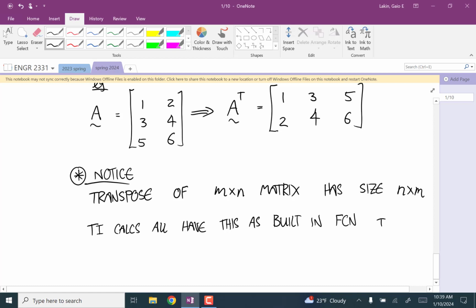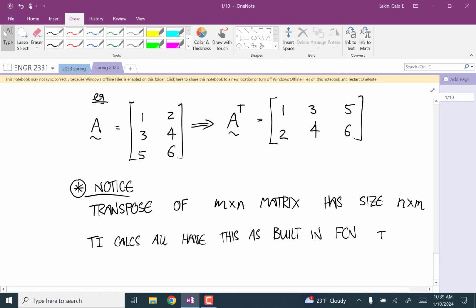So if you enter a matrix into your calculator, say you entered this matrix 1, 2, 3, 4, 5, 6, and then call up the function transpose, it'll spit out this matrix. Any questions about that?